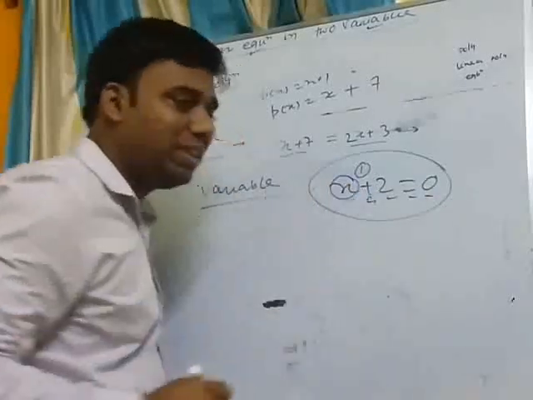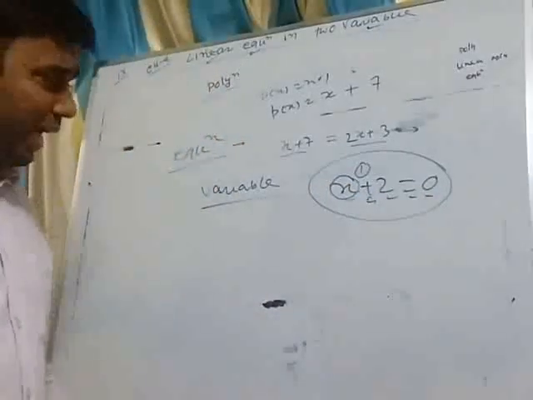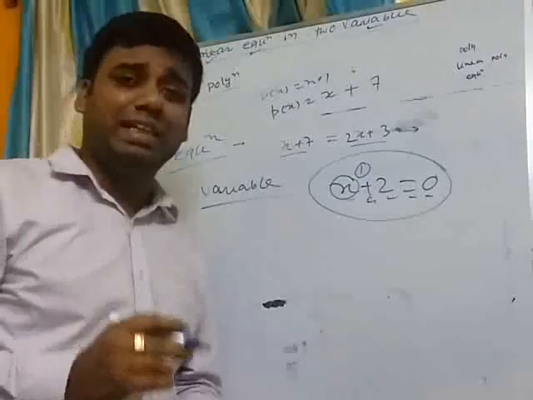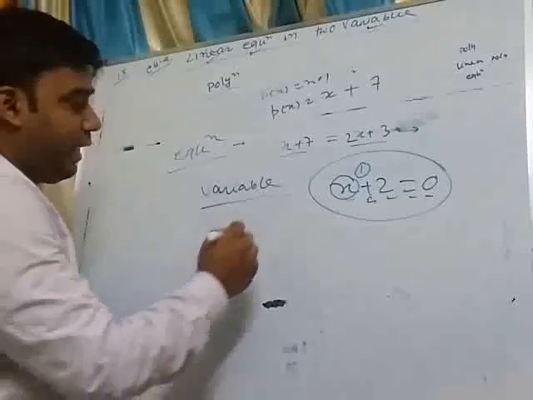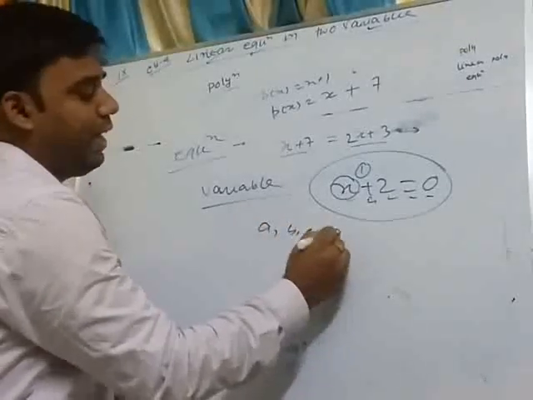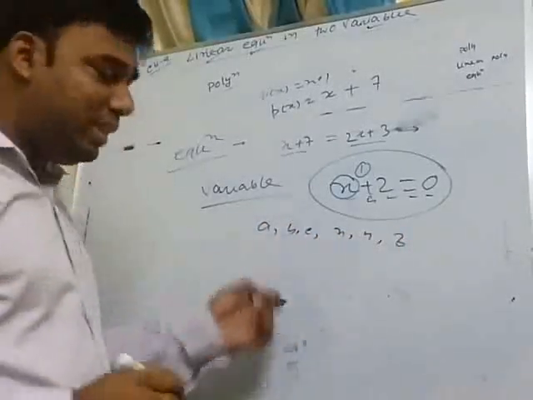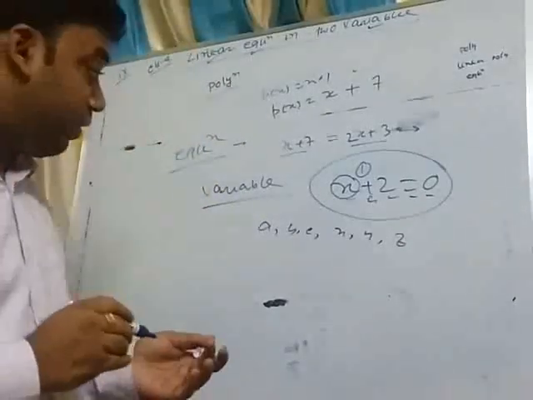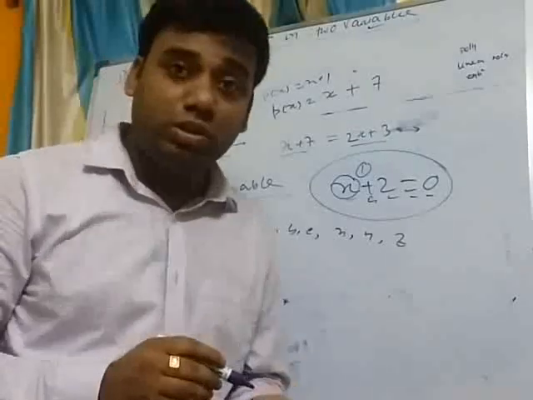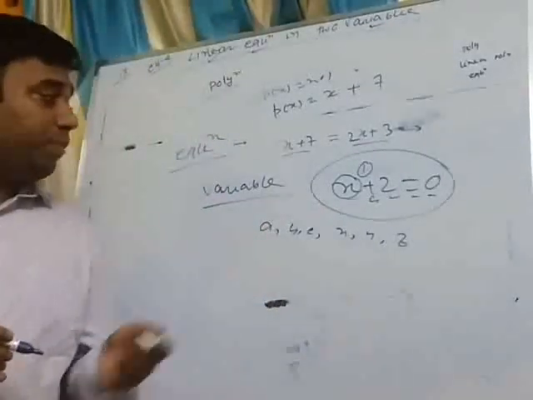The unknown quantity is x, that is the variable, and variables are generally denoted by English alphabets, like A, B, C, X, Y, Z.